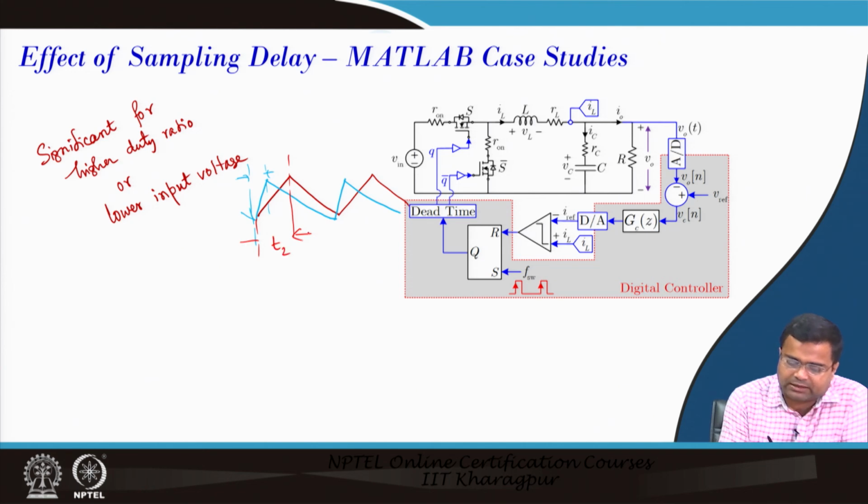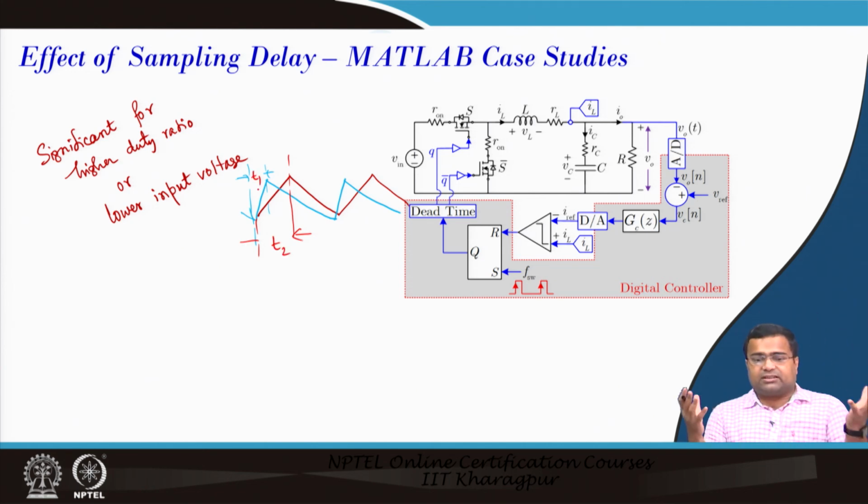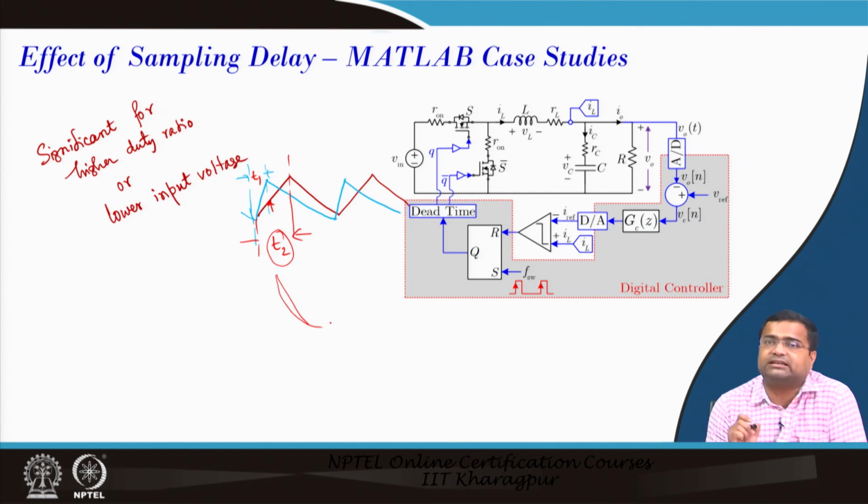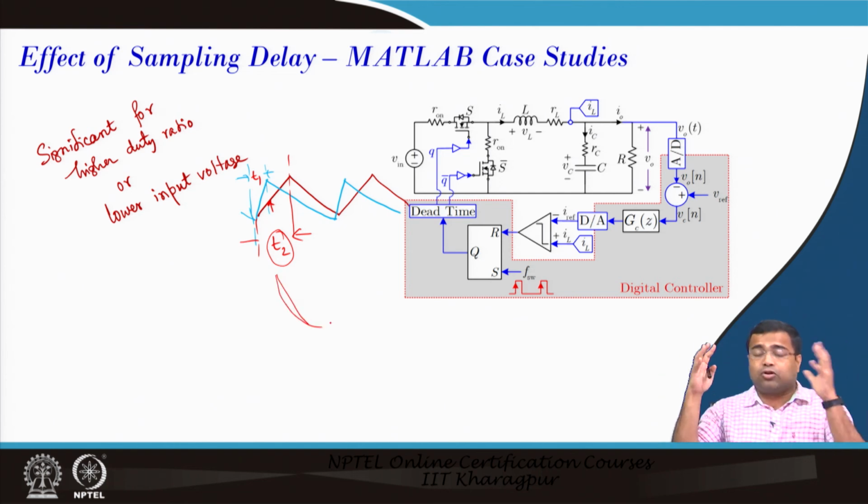So, T2 and this is T1. T2 is larger, and not only that, this slope is smaller, so it will cause more undershoot. As a result, the impact of undershoot will be more prominent. It is a cascading effect: both the delay is increasing as well as the voltage rate of discharge is increasing, and that is causing a whole lot of problems.